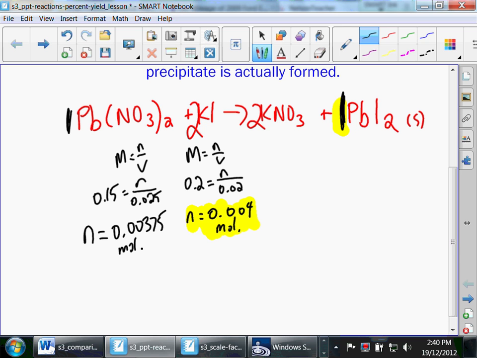The number of moles of lead iodide is going to be, what's that? It's 2 to 1. So if I know this, how am I going to find out how many moles of this I'm going to have? Half of it, exactly. So in other words, I'm going to have 0.002 moles of lead iodide. And then if I need to find out the number of grams of lead iodide that I have, theoretically, what do I have to do?